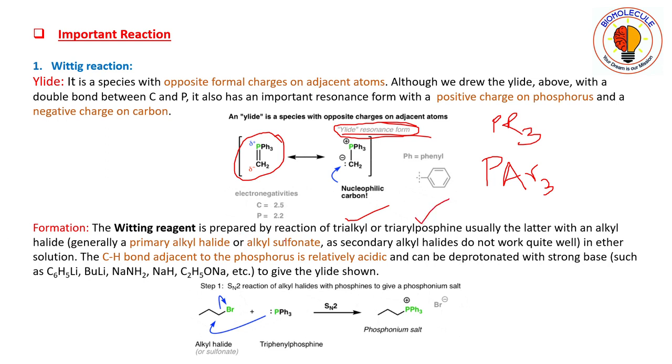So the Wittig reagent is prepared by the reaction of trialkyl or triaryl phosphine, usually the latter. That means triaryl phosphine is used in most cases.